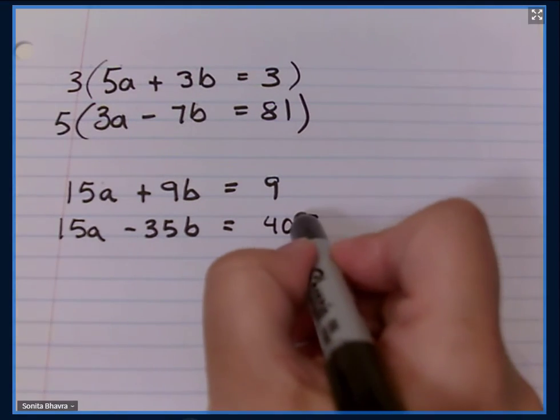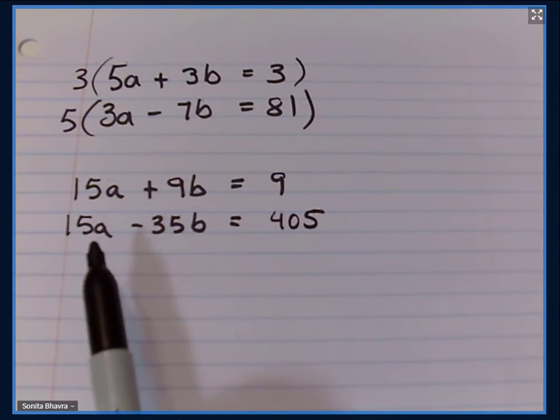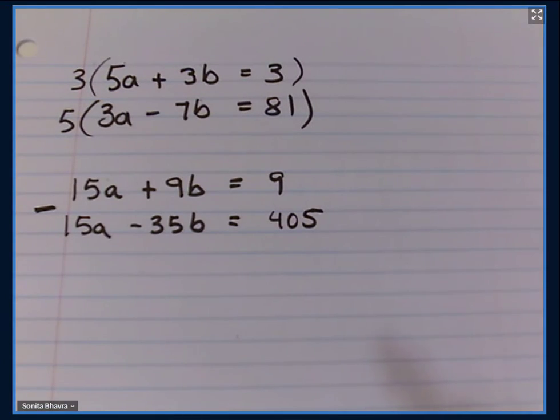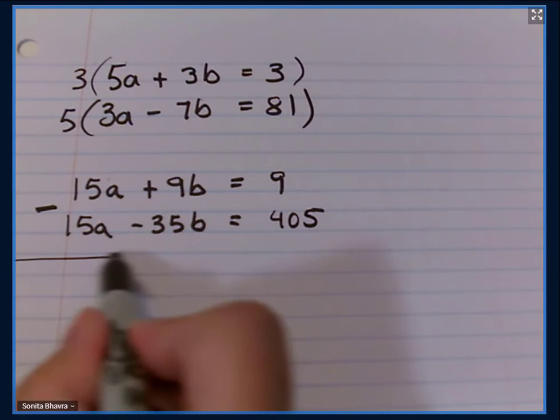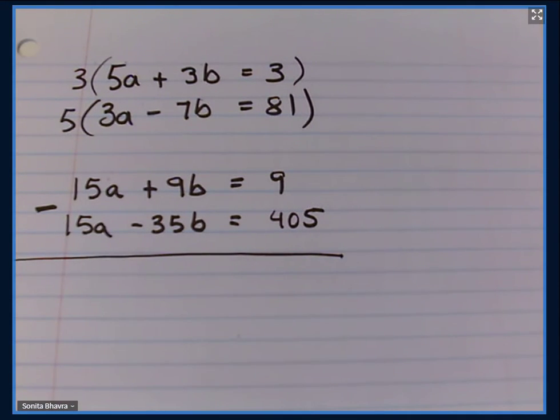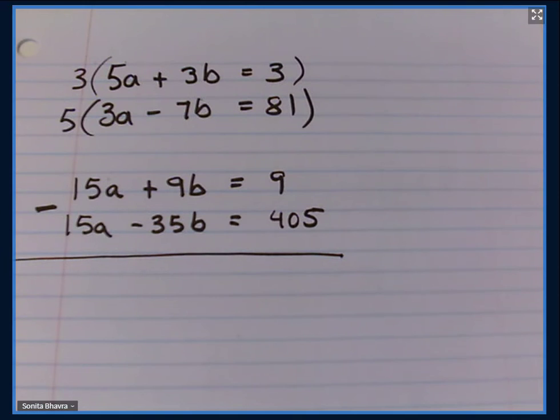Okay, and now we can see that we can eliminate the a's. But it's 15 and 15, so we have to subtract to get 15 minus 15, which will eliminate a. So 15a minus 15a is eliminated. Then we have 9 minus negative 35. Make sure you're doing that correctly; put it in your calculator. 9 minus negative 35 is 44.